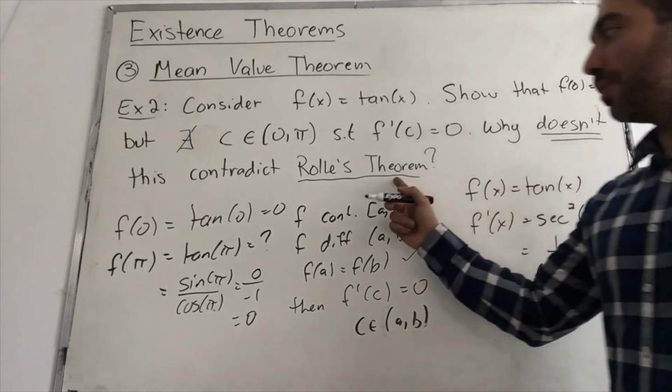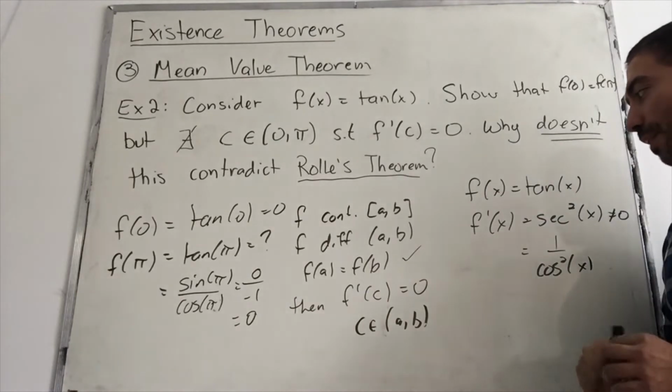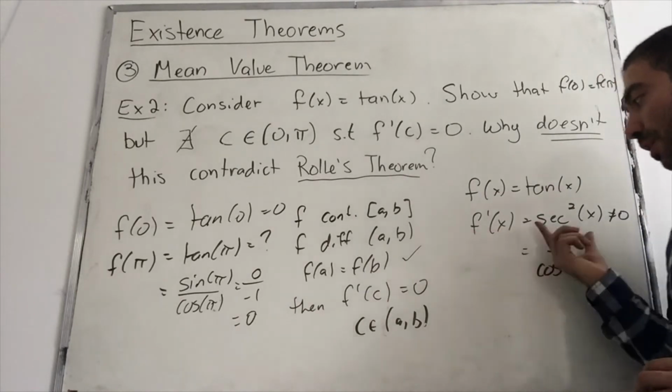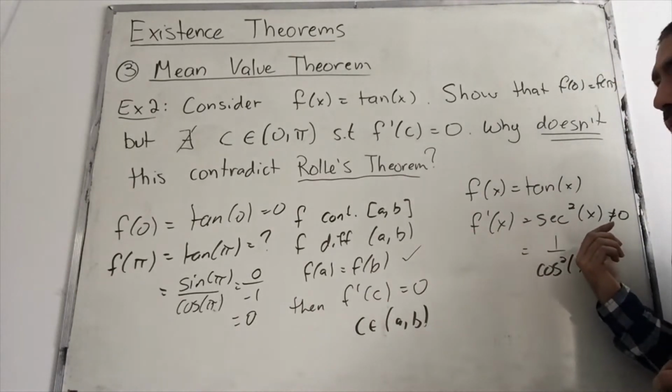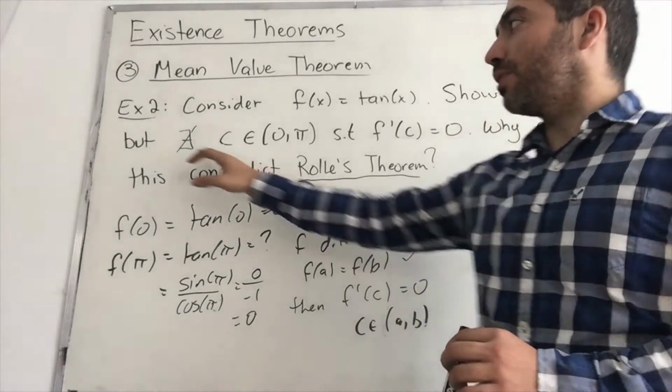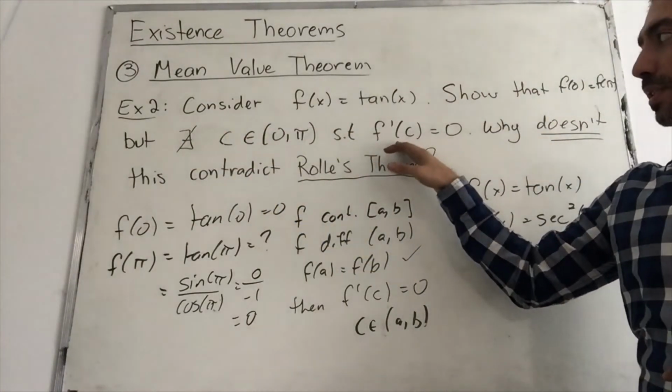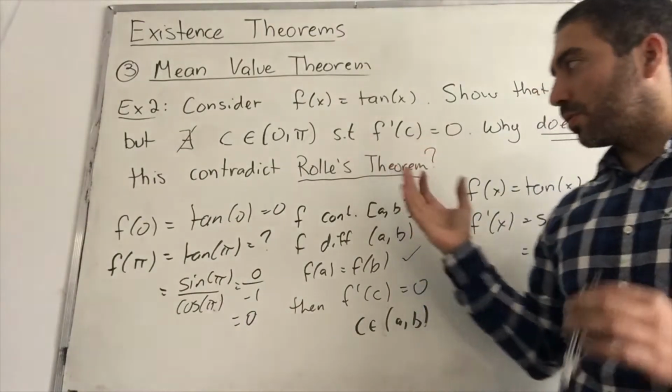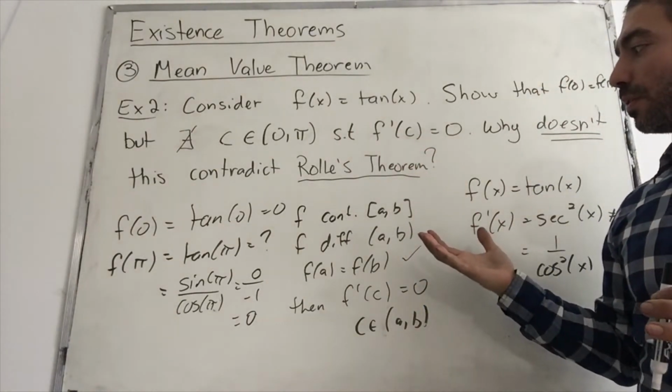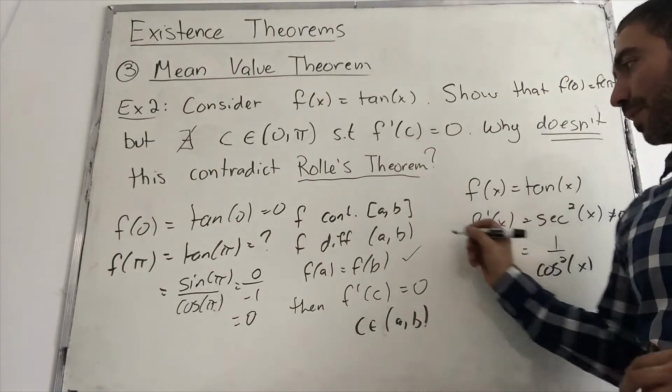Why does this not contradict Rolle's theorem? So we don't have an issue, there's no situation where the derivative could be equal to 0. But Rolle's theorem says there has to exist a c where the derivative is equal to 0. So what's going on here? We took the derivative, so we have differentiability.